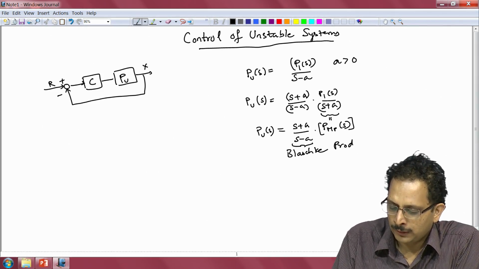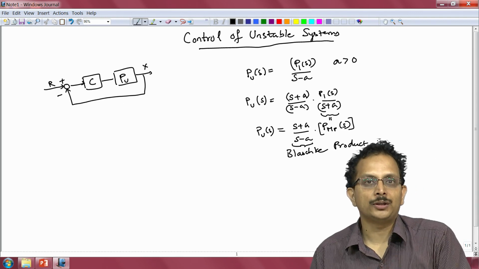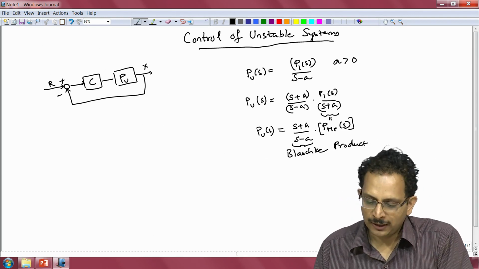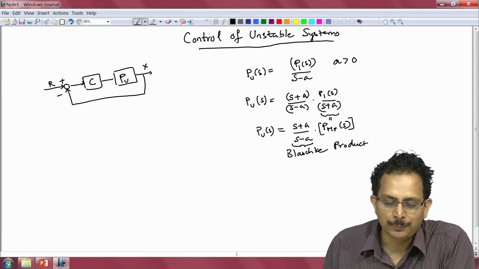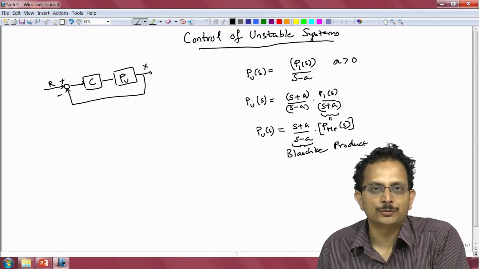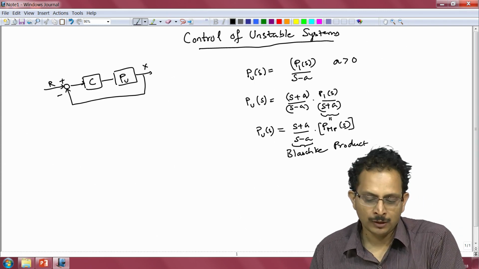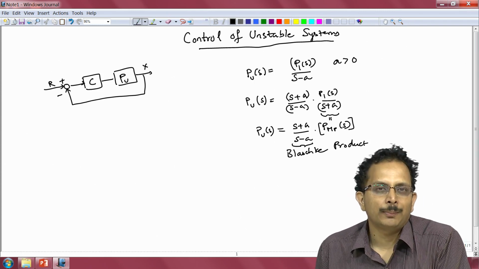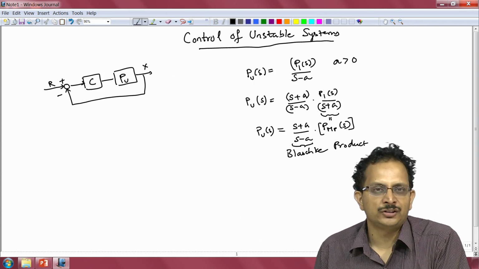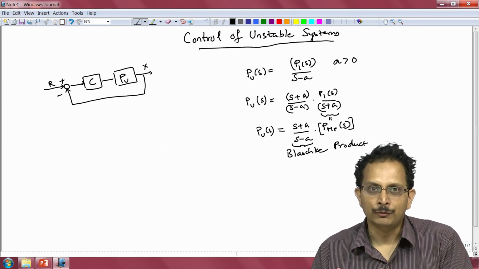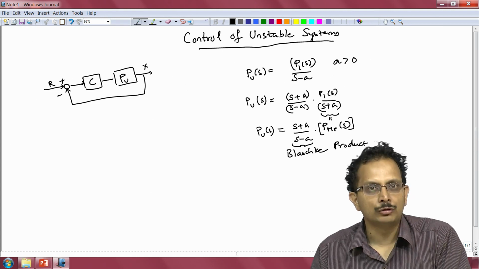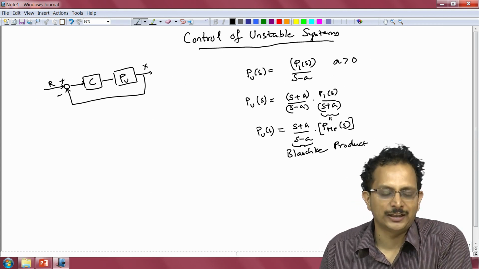So if one wants to plot the Bode plot of the unstable plant, we can view it as the sum of the Bode plots of the Blaschke product and of the minimum phase plant Pmp of S. Once again, the Bode plot of Pmp of S is something that we should be able to draw without any effort, having looked at such plants all through these lectures.